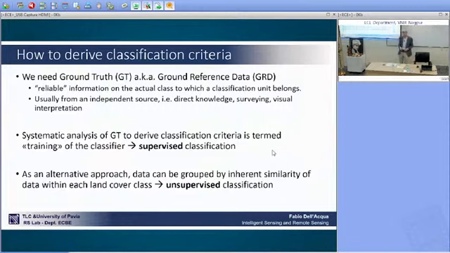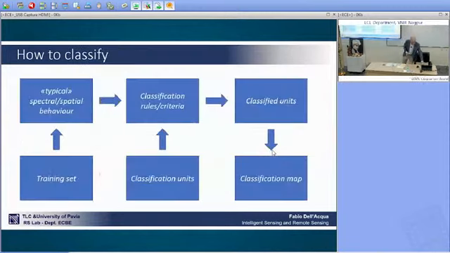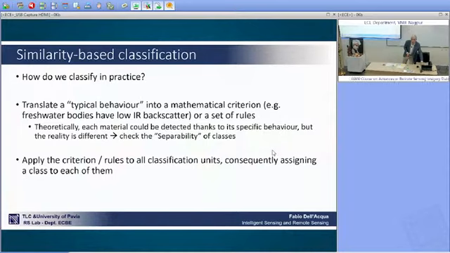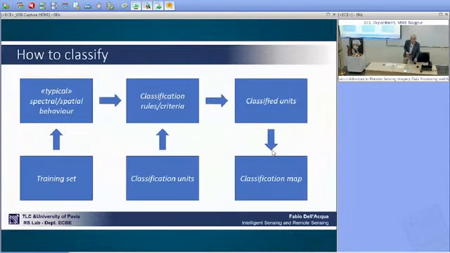What is the difference? Yes. Classification units, yes. It is here as well as there. This is classified, because these are still to be classified. Then I crunch them, and something here will take a decision about what class each classification unit belongs to.